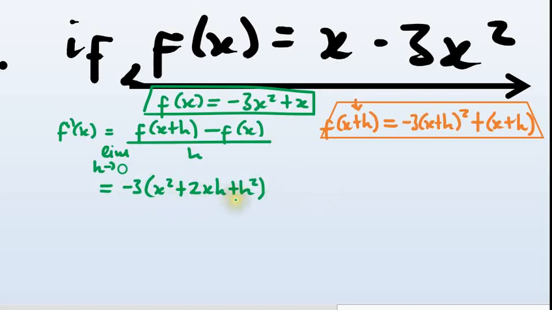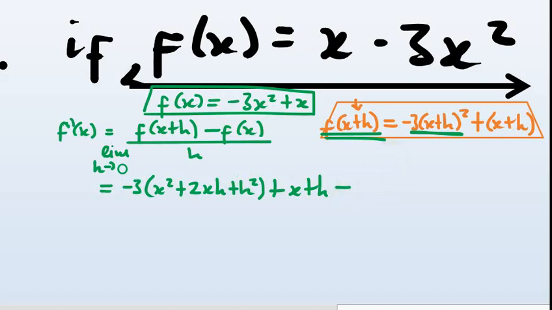That's a negative 3 times that, and then I have plus x plus h. Now I'm just done writing this, so now it's equal to that minus the f of x.